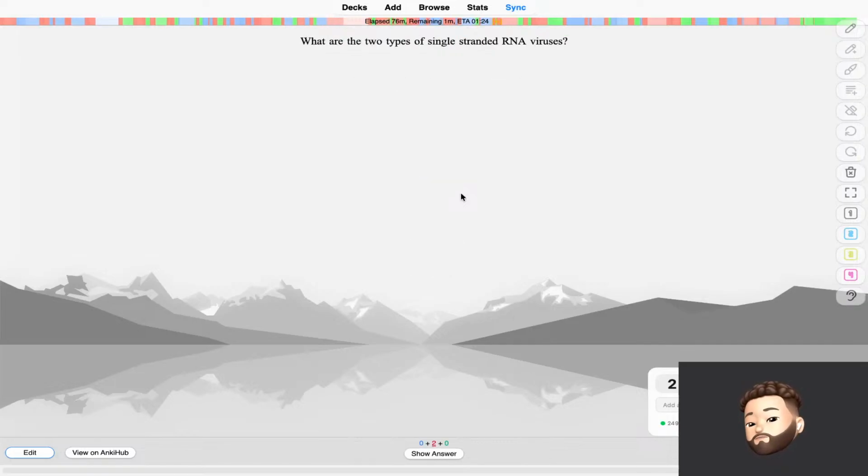Bacilli means shaped like a rod. Two types of RNA viruses are positive sense and negative sense.